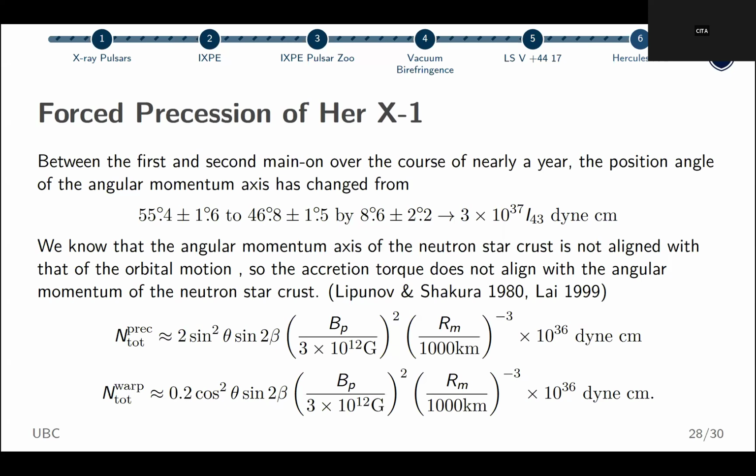So what we actually see is just the difference between the torque exerted by the disk and the torque exerted by the interior. And if we get even more physical, it's the difference between the current accretion rate and the average accretion rate over the last 100 years or so. So if the accretion rate changes, this direction could completely turn around.